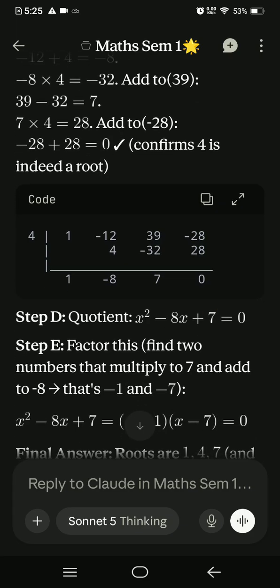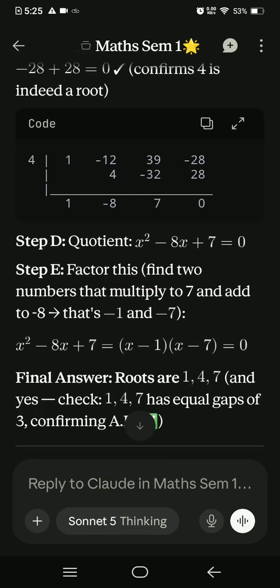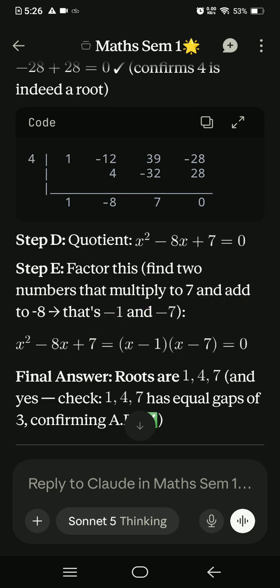And the new equation we have is this, the quotient. Factor this. Find two numbers that multiply to 7 and add to minus 8. So minus 1 times minus 7, and they add to minus 8.